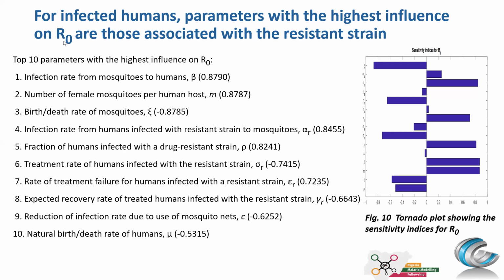Then we're also seeing that the expected recovery rates of humans infected with the resistant strain is also higher. And the reduction of infection rates due to use of mosquito nets. So these were found to have higher influence on the basic reproduction number when compared with the sensitive strain.